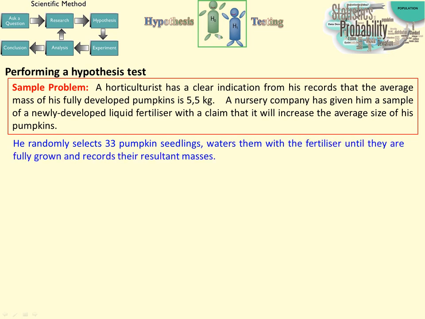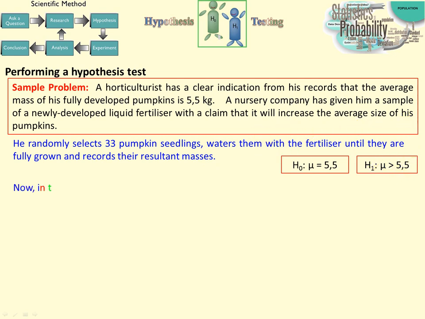So he randomly selects 33 seedlings, waters them with the fertilizer until they're fully grown, and records their resultant masses. There's the null hypothesis, that it stays at 5.5, there is no change. H1: greater than 5.5. Now notice we don't have less than or not equal to, because the specific claim is that we will increase the average size.